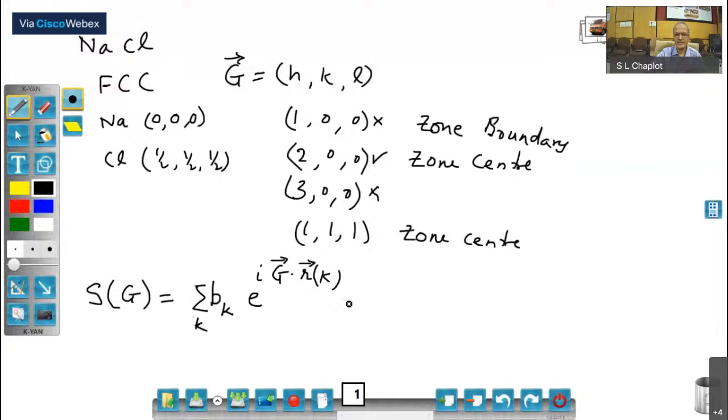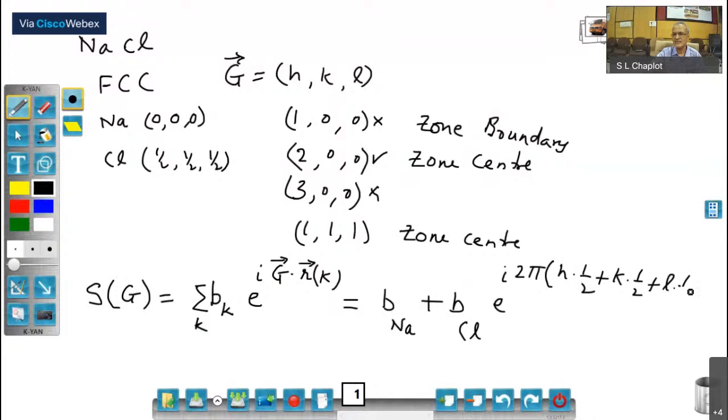It will be b_Na with r_k being 0, 0, 0, so the base term will be 1, plus b_Cl times e to the power i 2 pi (H into half plus K into half plus L into half).